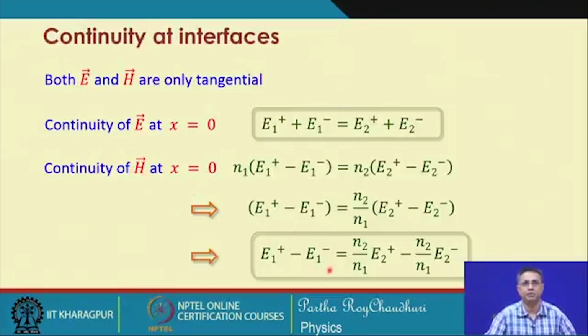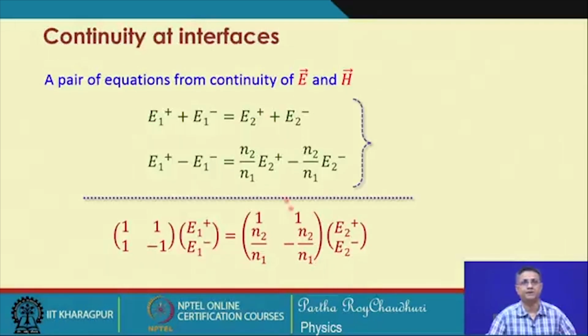So, I have a pair of equations, one with a plus between E1 plus and E1 minus, another with a minus sign between them. These two equations, if we write together, form a matrix equation. We can write this pair of equations in this form, E1 plus, E1 minus, and a coefficient matrix given by this, and the electric fields of the second layer.